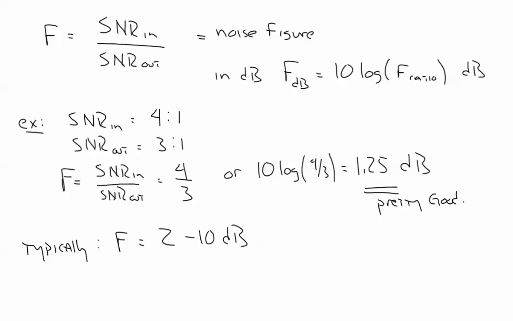All things being equal, if I'm talking about analog circuitry, I want to have lower noise figures. Digital circuitry has some natural immunity to noise, so if I'm dealing with digital circuitry, I can deal with amplifiers that have higher noise figures. So, digital, higher is okay, and I want low noise figures for analog circuits. Okay?